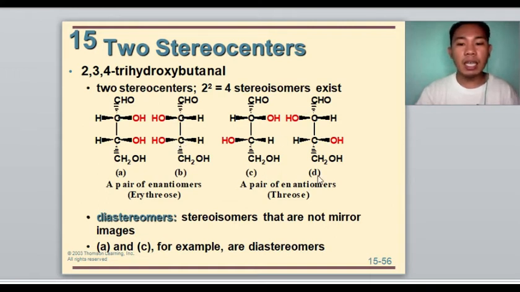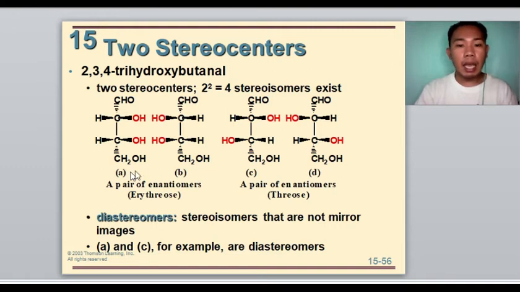Enantiomers C and D are named threose. Erythrose and threose belong to the class of compounds called the carbohydrates. We have specified already the relationship between A and B and that between C and D. The question is, what is the relationship between A and C?